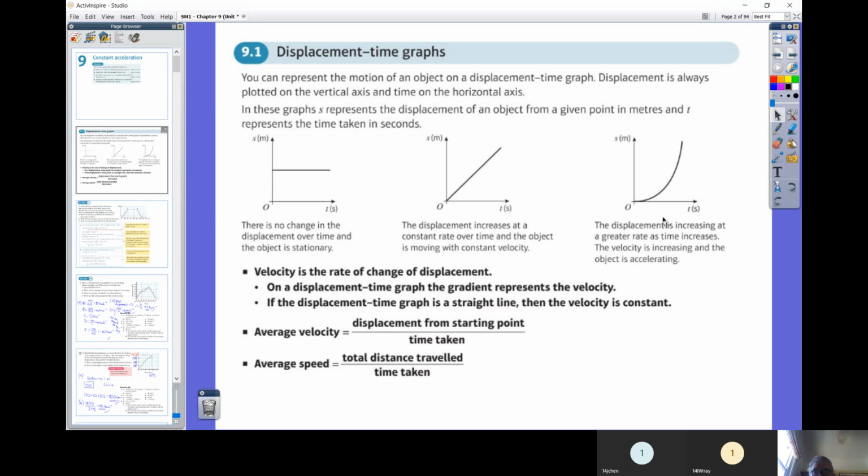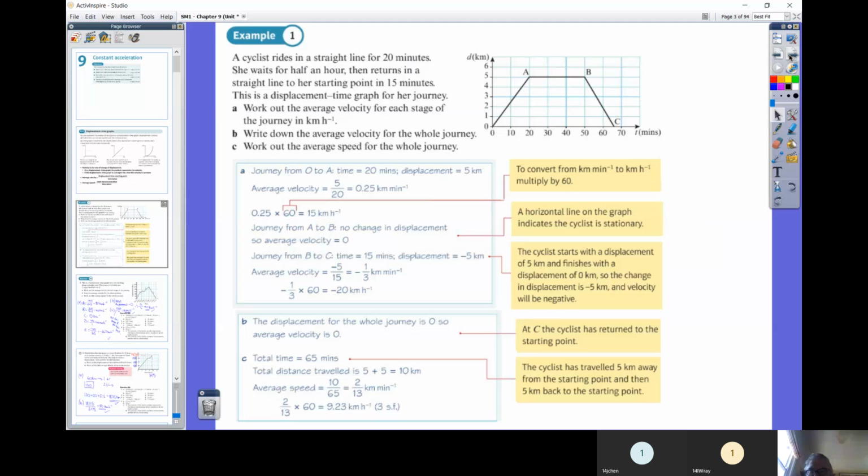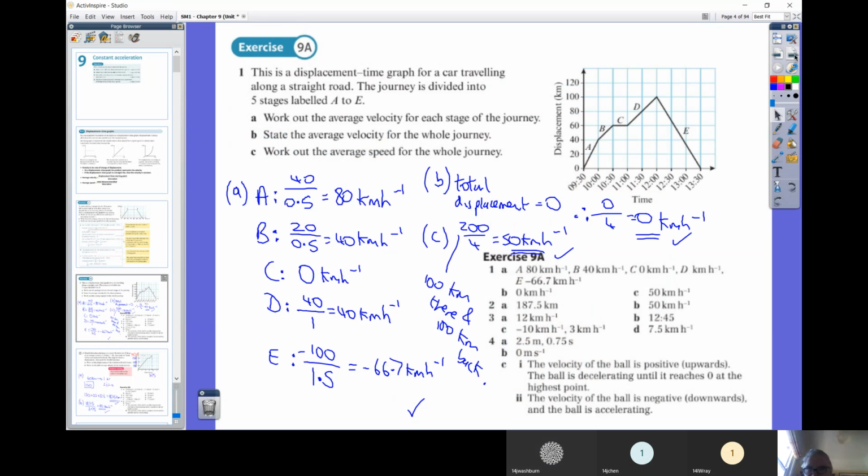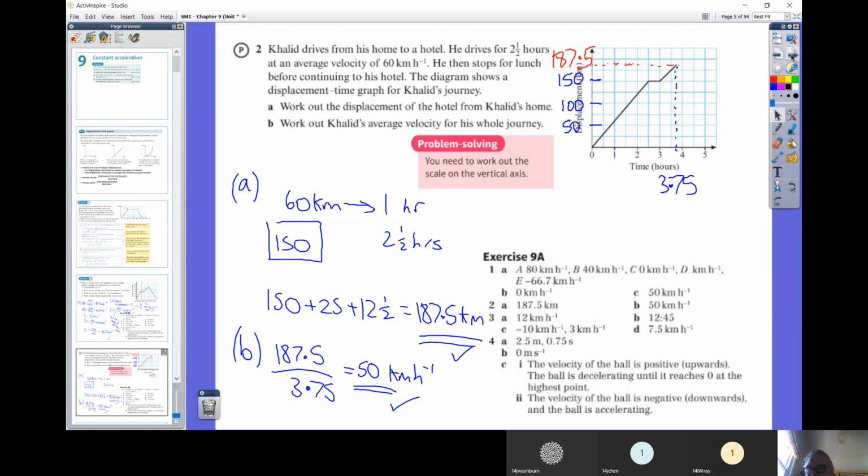So pretty straightforward stuff. You'll see that these examples are very typical to GCSE, so you're just going along for a bit and you're stationary for a bit and then you go back to where you started, type of thing. So a couple of simple examples leading you to exercise 9A. Just quickly rattle through that, please. It's straightforward stuff. As I said, it's not any harder than GCSE.